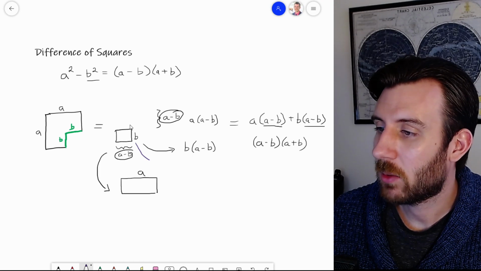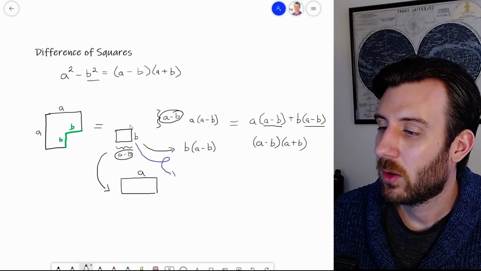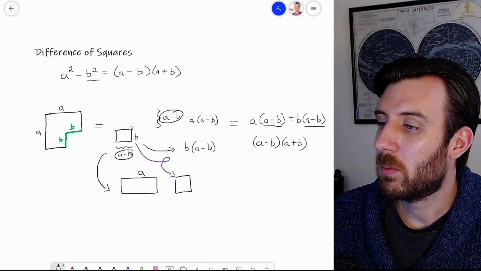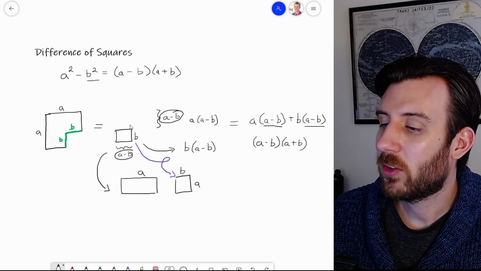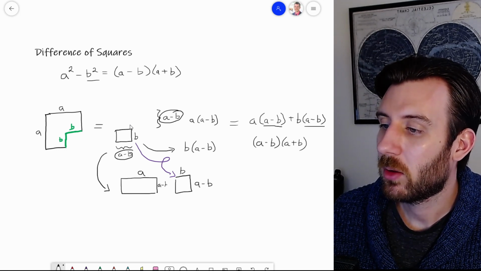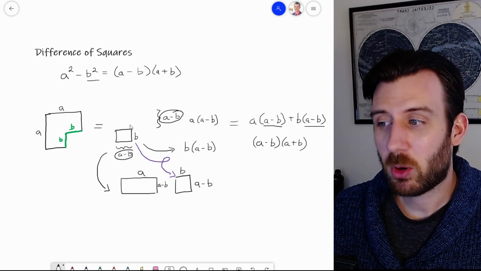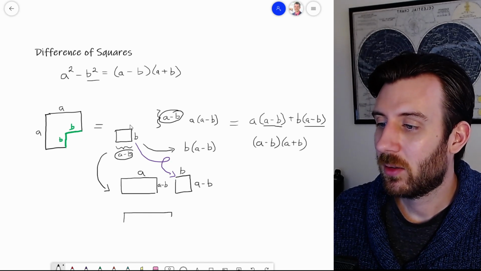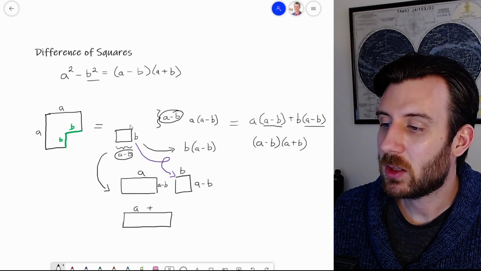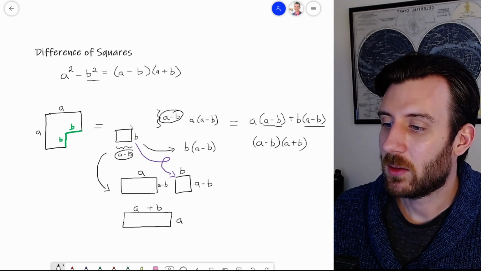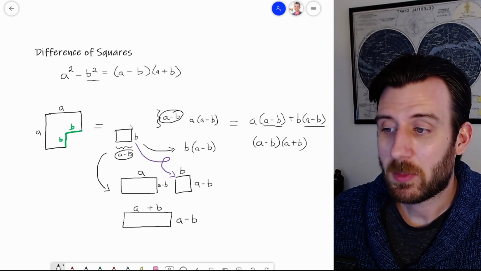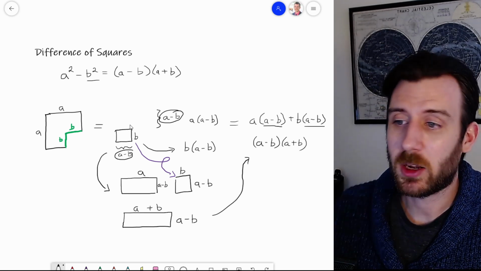I'm going to take this entire thing and spin it so that now the B is on the top and the A minus B is on the side. So I essentially have A minus B now nice and lined up. If I stack both of those together, I can describe this entire remaining shape as A and B long and A minus B tall. Well, that makes sense because it's exactly what we showed in our symbols up here.